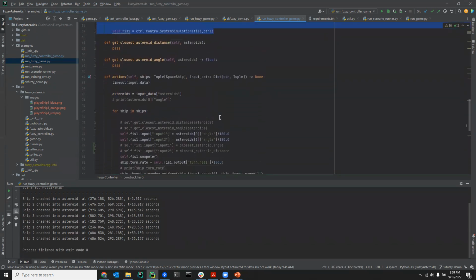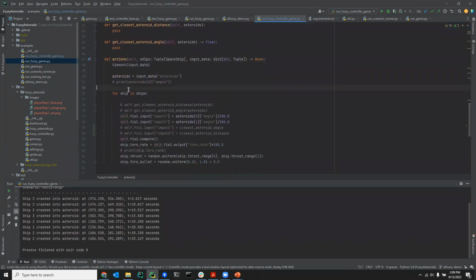Then we use that FIS in our actions function to determine the turn rate based on asteroid angles. That should give you a pretty good starting spot for how to create FISs and get them up and going in Asteroid Smasher.